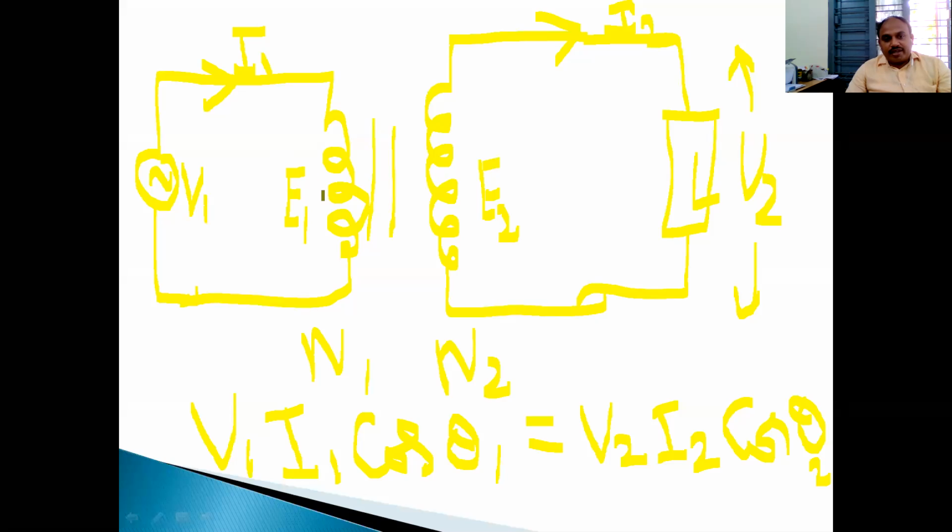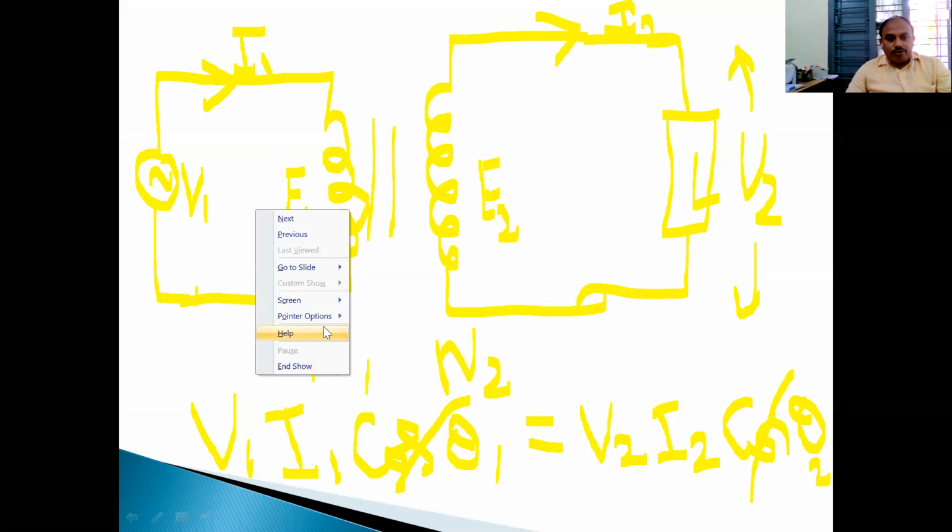Similarly, the reactance is also neglected. Therefore, primary cos theta 1 equals secondary cos theta 2; both have the same power factor. So in a transformer, if you neglect the losses, V1 I1 equals V2 I2.